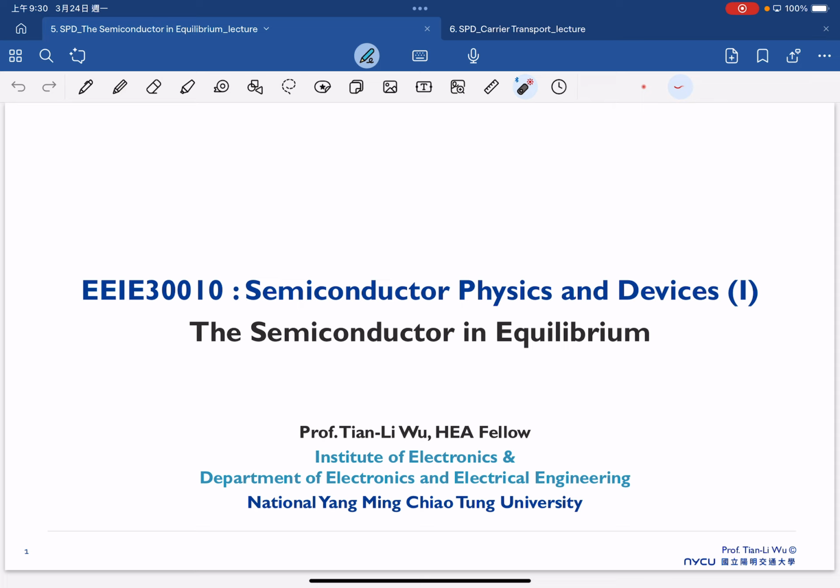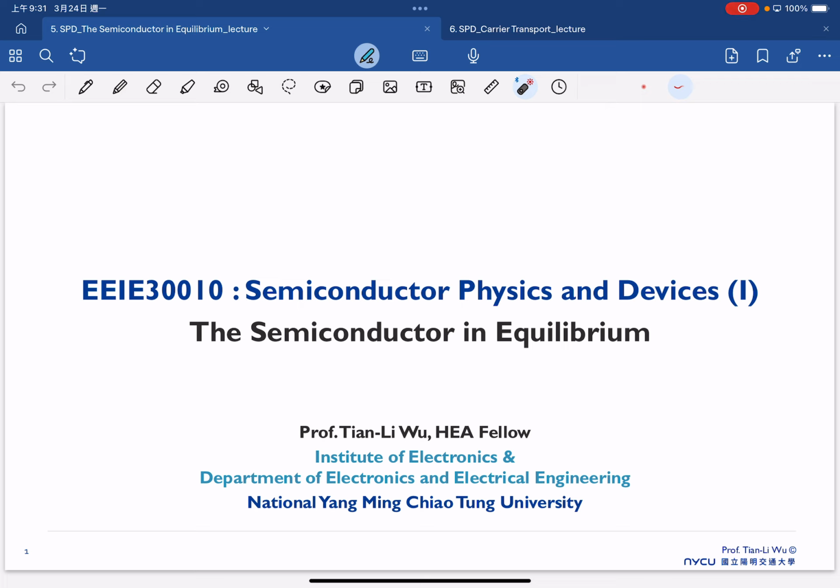Okay, good morning everyone. Today we'll move to some equations that are necessary to allow us to estimate the concentration, which is important to further estimate how many available carriers, especially here we will focus on the concentration for the electrons and holes.